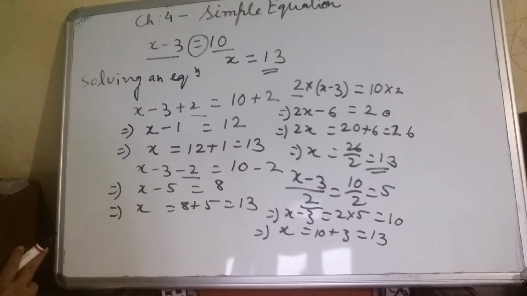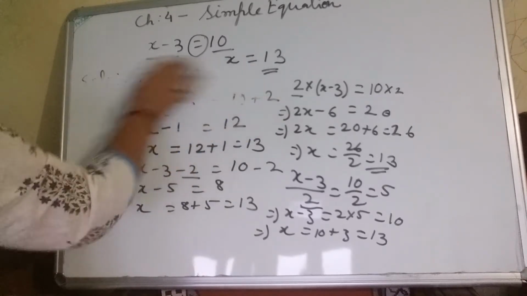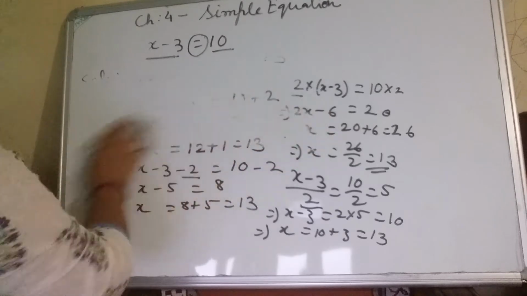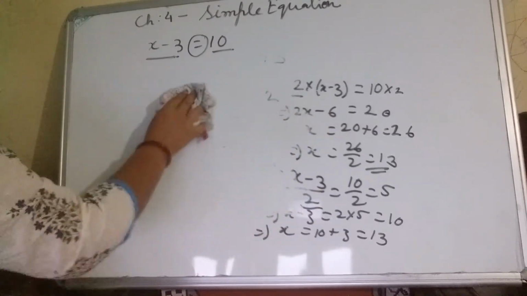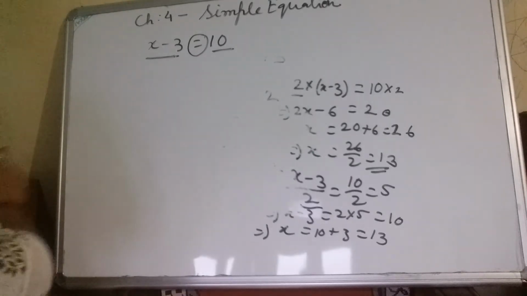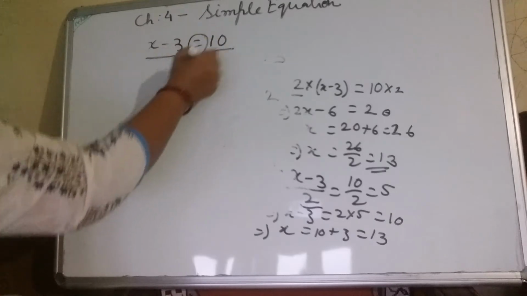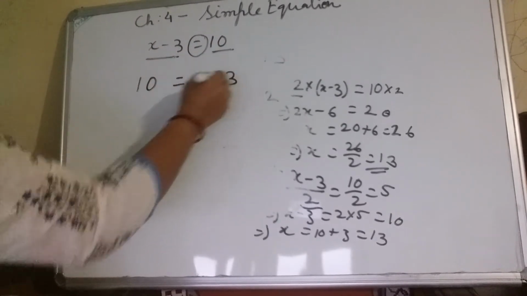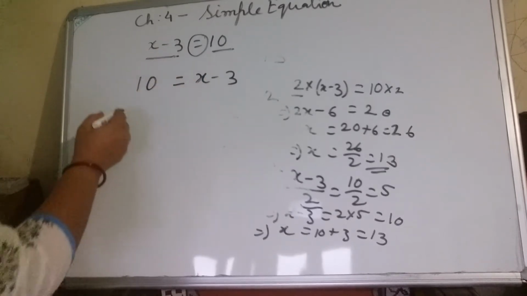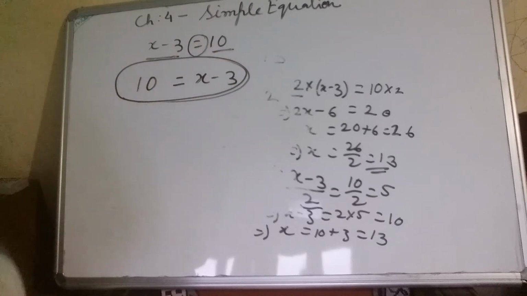Now if I interchange the sides, 10 will come in left hand side and x minus 3 will come in right hand side. Then also this equation is not going to change.